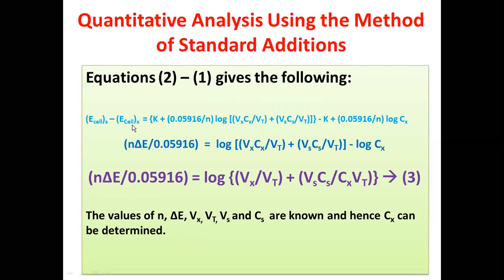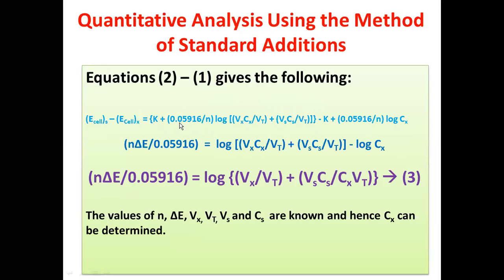E cell of S minus E cell of X is equal to K plus 0.05916 divided by n into log of Vx into Cx divided by Vt plus Vs into Cs divided by Vt, minus K plus 0.05916 divided by n into log of the concentration of analyte, that is Cx. Let me take 0.05916 divided by n as a common factor.